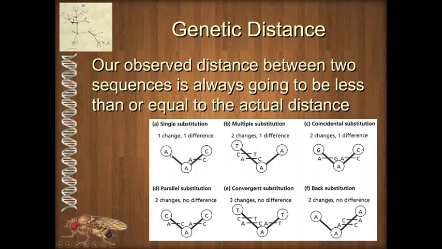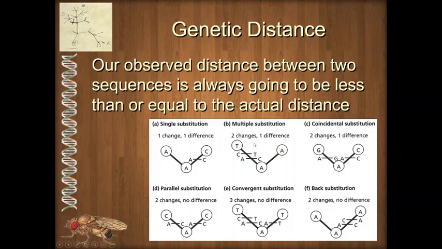Now in this case, our observed distance would be 1, and that is equal to the actual distance, which we know based on this history that we've constructed, that the actual genetic distance is 1.